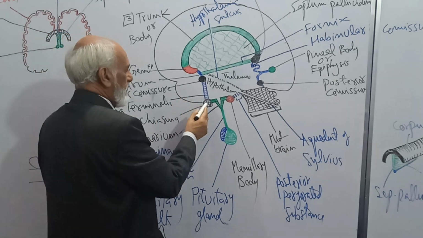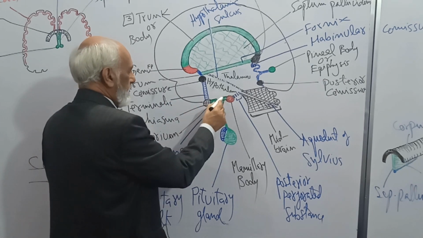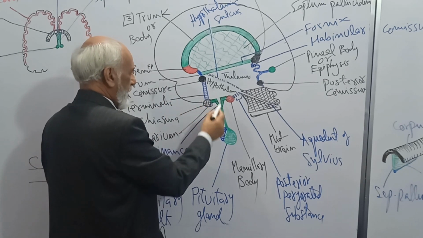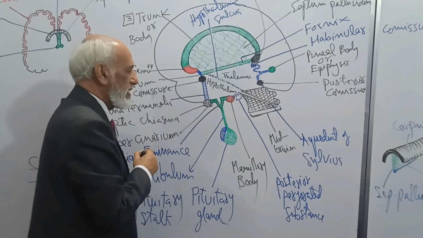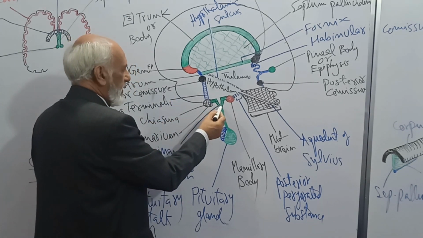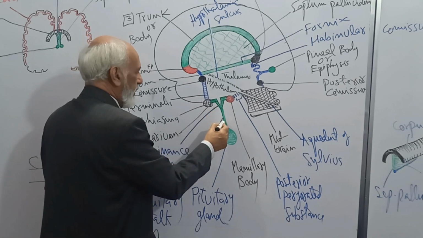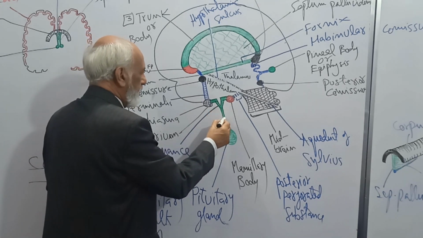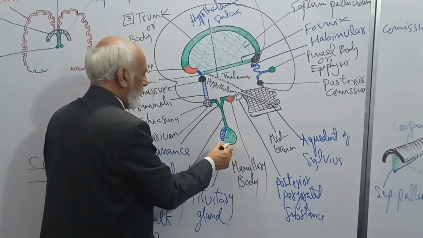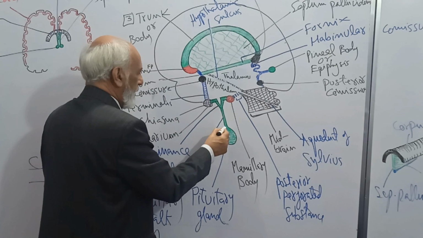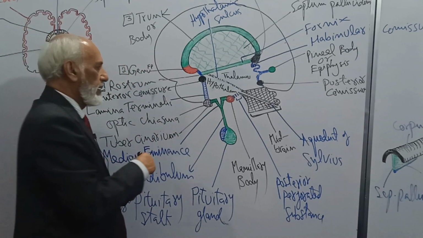Now from before backward we trace: this is the optic chiasma, this is the tuber cinereum, and this conical projection is called the median eminence. From its apex the infundibulum or pituitary stalk arises, and with the help of this stalk, the pituitary gland is attached to the brain.